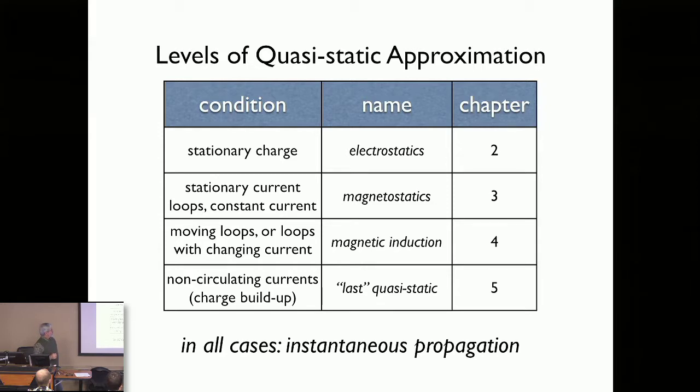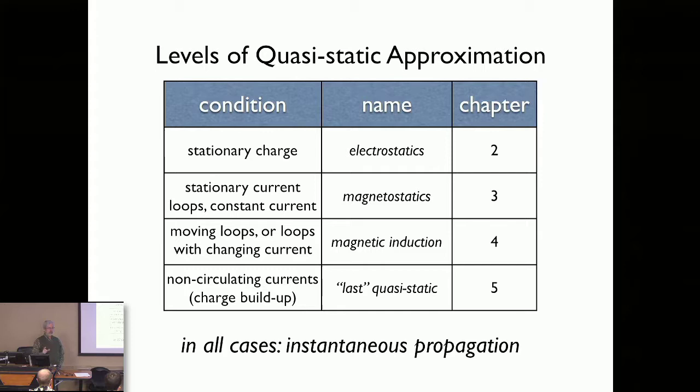So remember the condition for the electrostatics in chapter 2 was we put charges in place and don't let them move. So no currents. And then we looked at the electric field, and we found that the curl of the electric field is 0, and the divergence is caused by a charge distribution. Then we looked in chapter 3 at magnetostatics, and in that case we had to have stationary current loops.